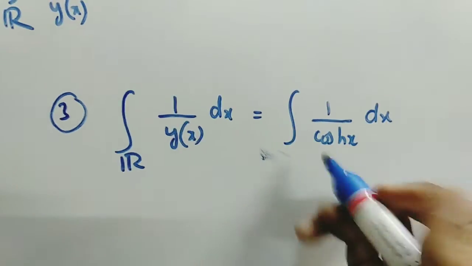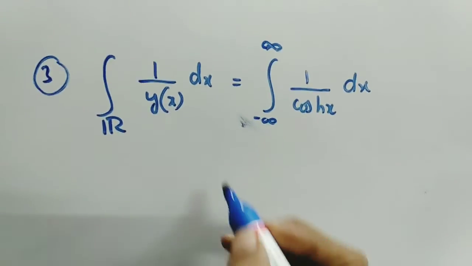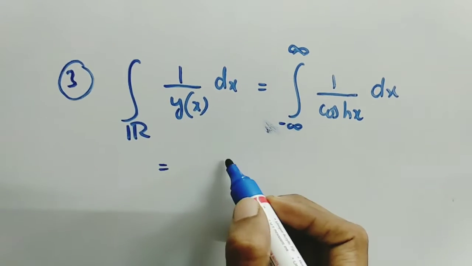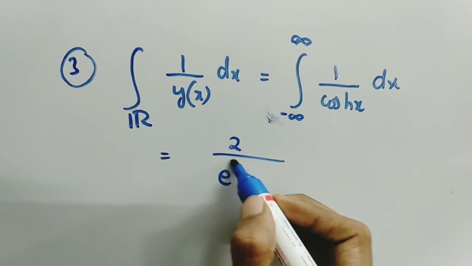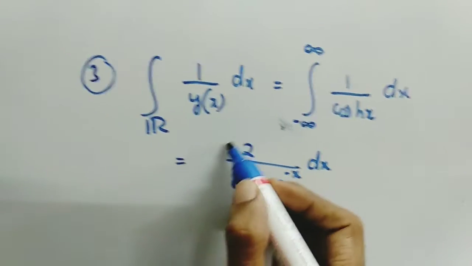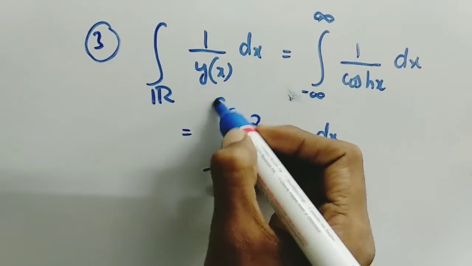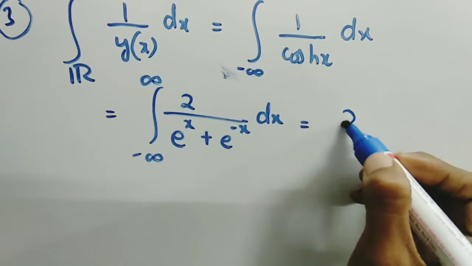Cos hx is e to the power x plus e to the power minus x by 2. So its reciprocal is 2 by e to the power x plus e to the power minus x dx, from minus infinity to infinity. Just we can substitute something here, that is e to the power minus x is 1 by e to the power x.